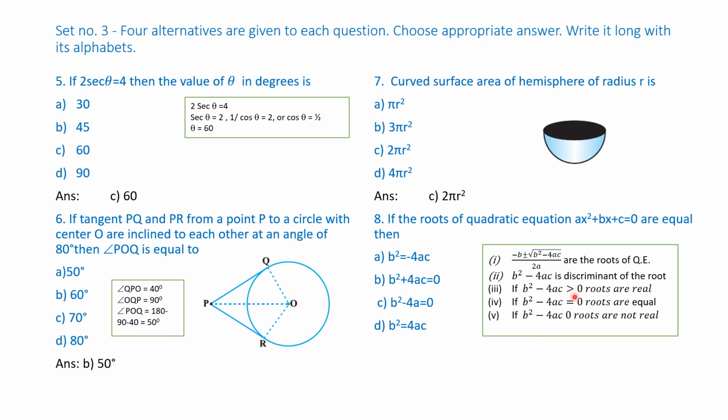When b square minus 4ac equals 0, the roots are equal. In the question, he has given that the roots are equal. Therefore, the condition is b square minus 4ac equals 0, or b square is equal to 4ac. Therefore, option D is the solution.